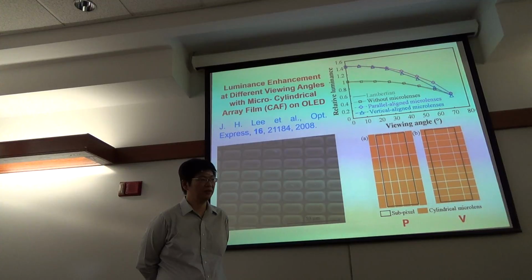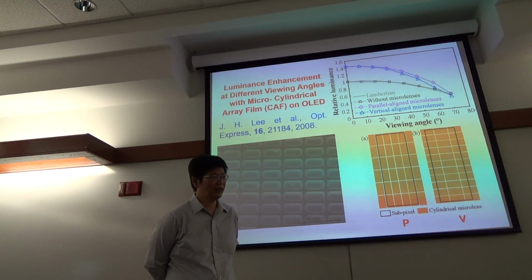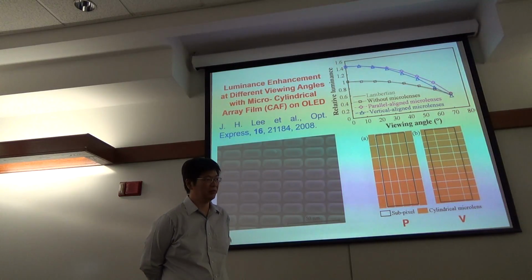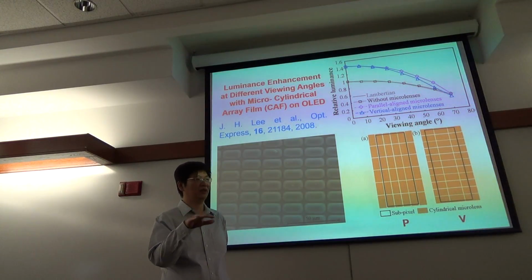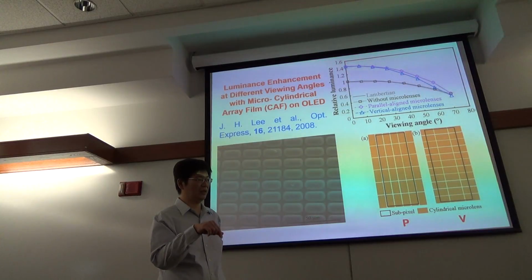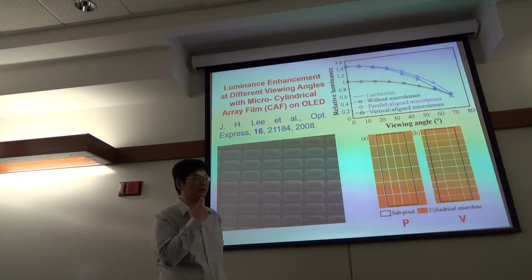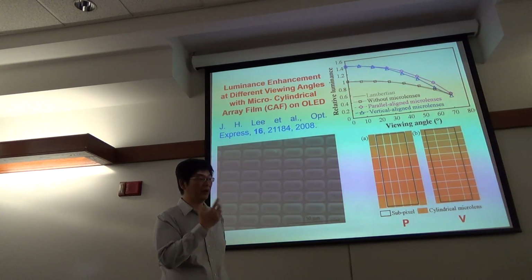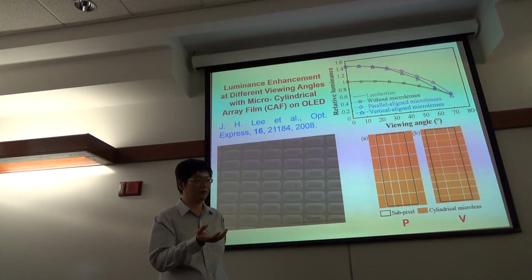Yes, this is possible. Because our structure is on the top surface, between the glass and the air, possibly another way is to fabricate a structure combining nano and micro together.